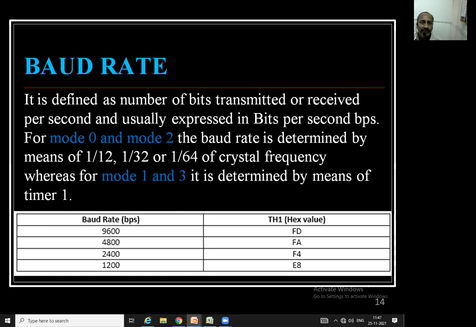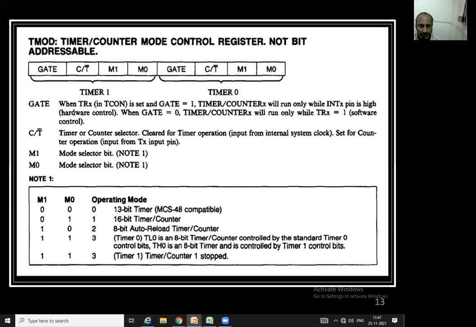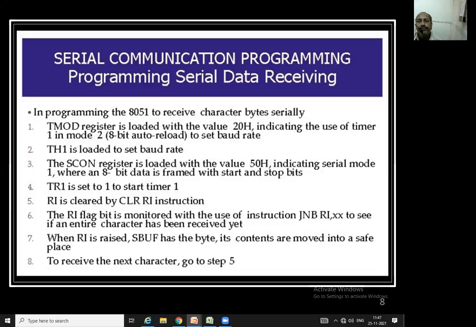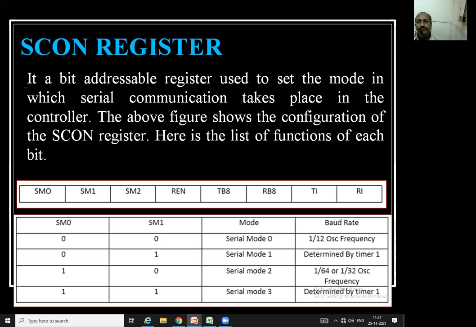In mode 0 and 2, it has a fixed frequency baud rate for serial communication.